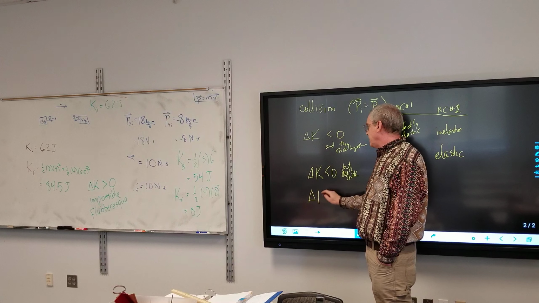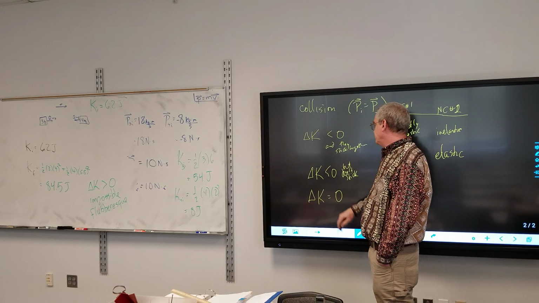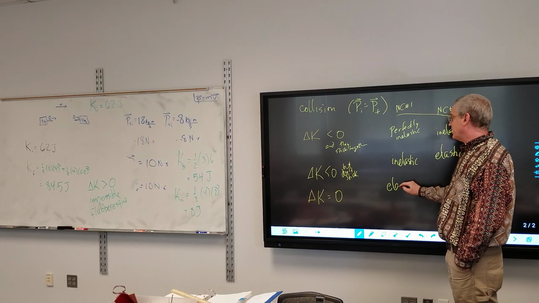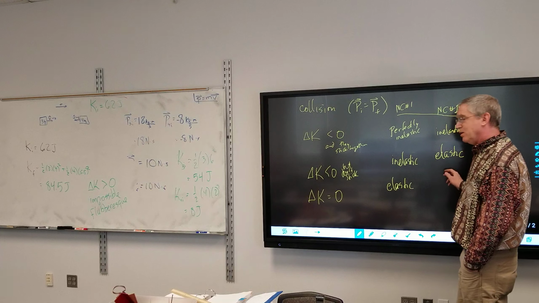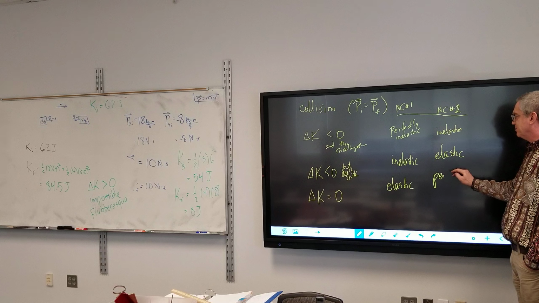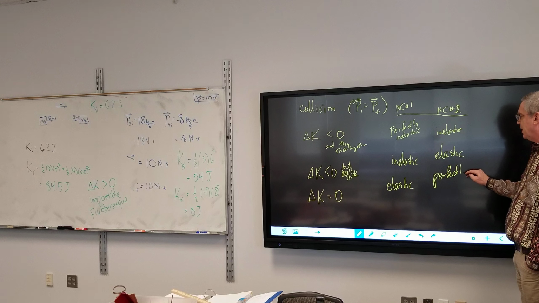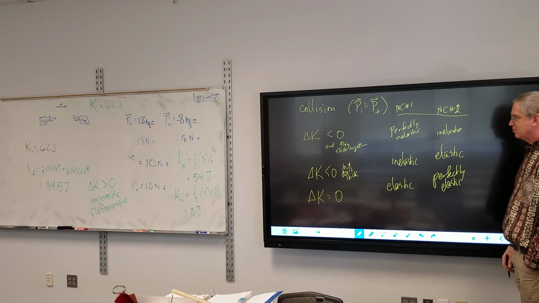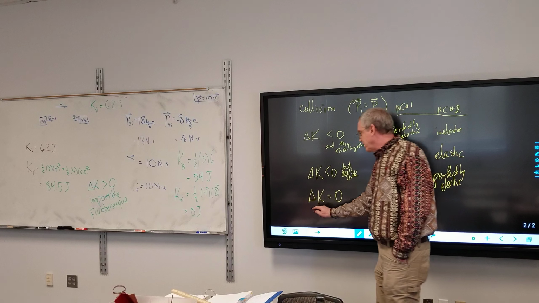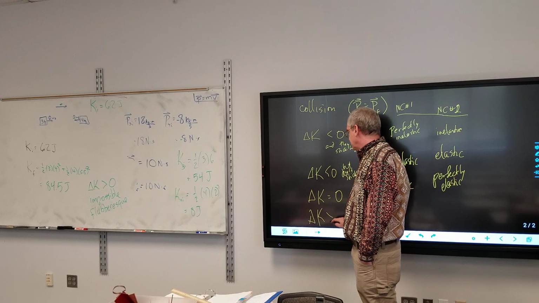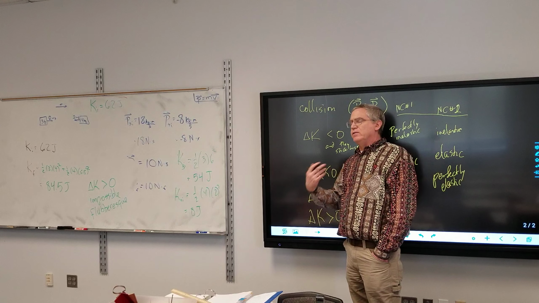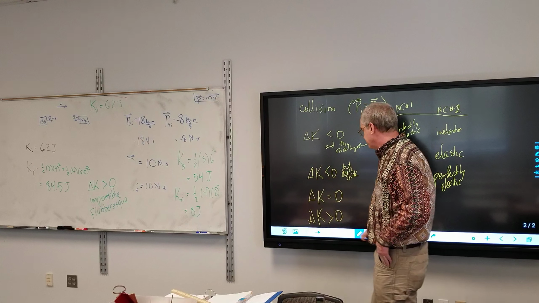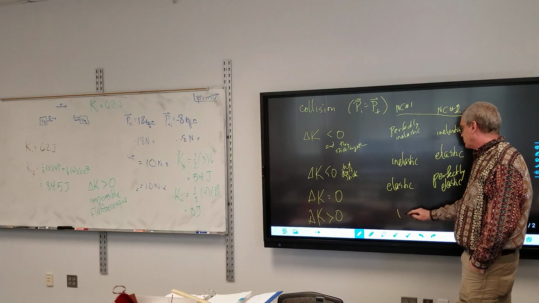If the change in kinetic energy equals 0, convention number 1, this is known as elastic. Convention number 2, this is perfectly elastic. And if the change in kinetic energy is greater than 0, and this assumes that there's no explosion or any additional source of energy, they would just call it impossible.